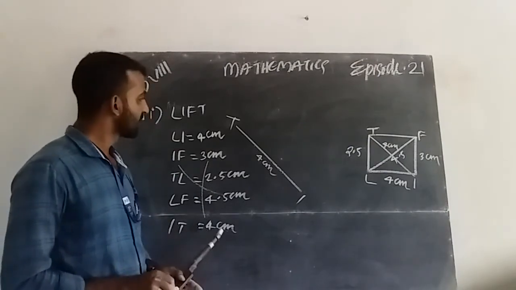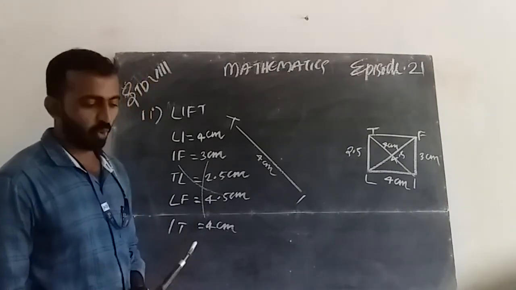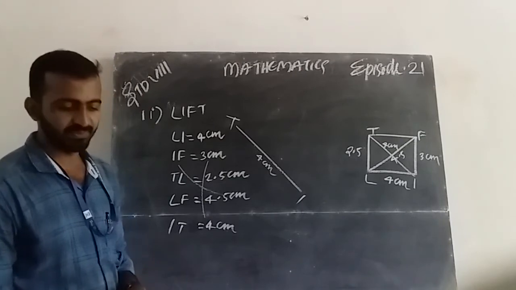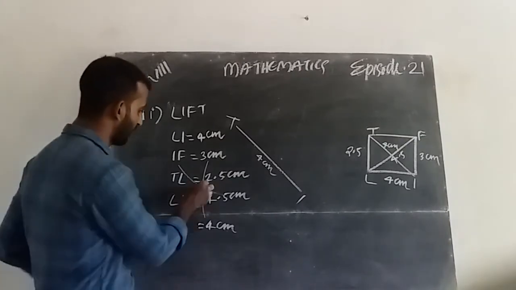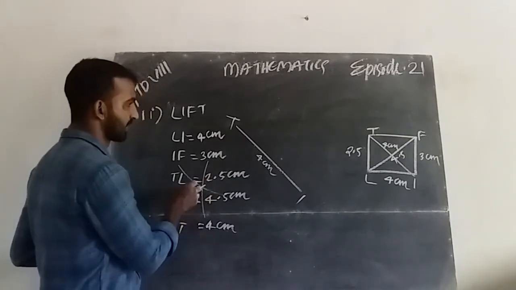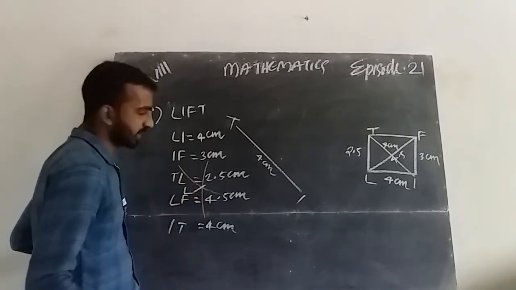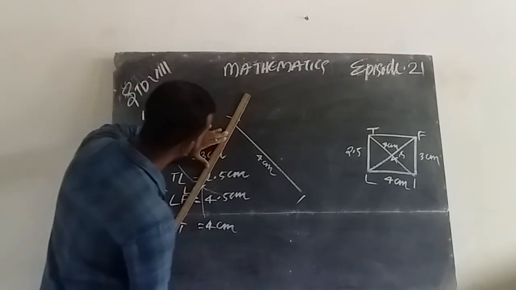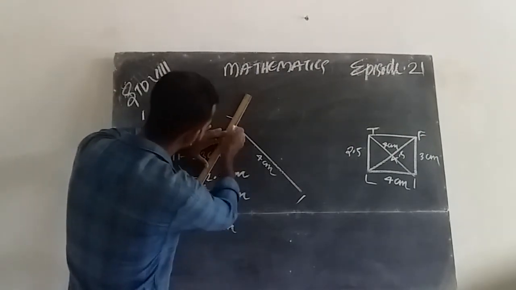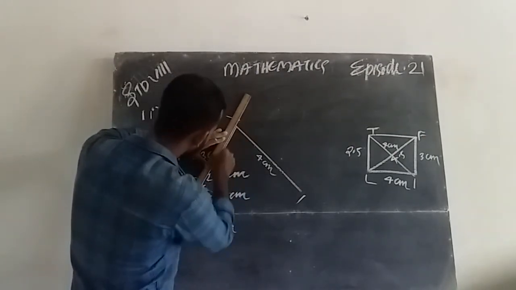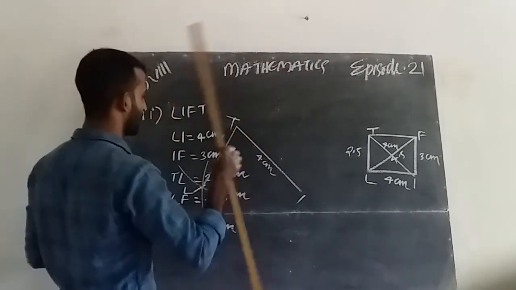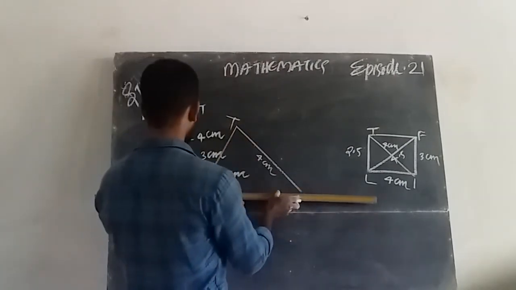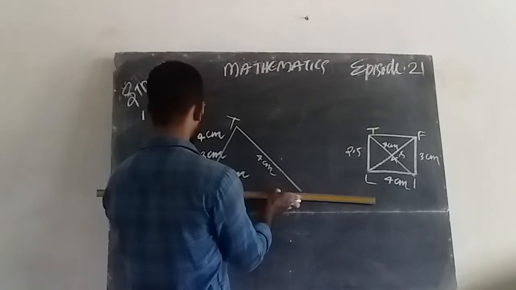And next there is an intersection, then we take the point L. We join the points TL and IL.